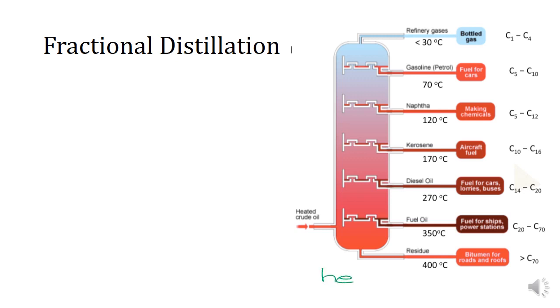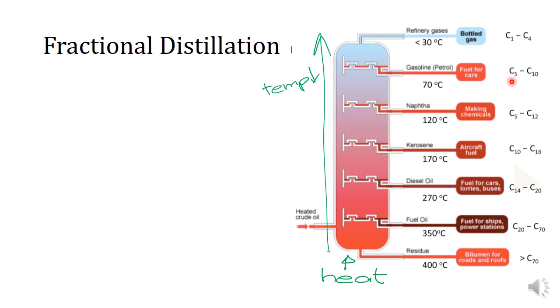So we have the heat source down the bottom, and we end up heating up that crude oil until it evaporates. As you move up the length of this, the temperature decreases. Up the very top, it is going to be coolest, and it's only those very, very small carbon chains that are gaseous at that point.